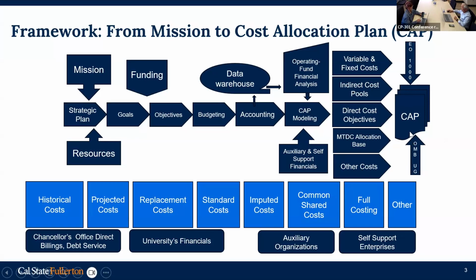and to end up with a cost allocation plan. Now, there are two backgrounds that we use when we develop the cost allocation plan. One is the Chancellor's Office Executive Order 1000.